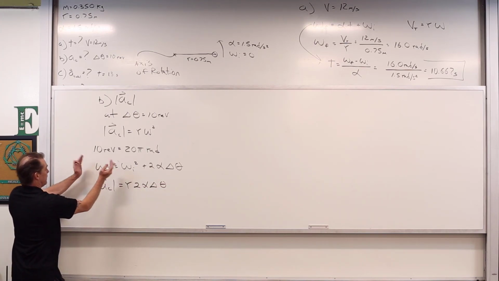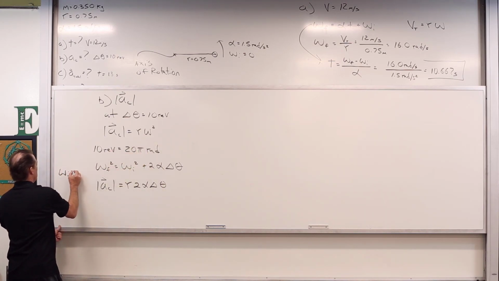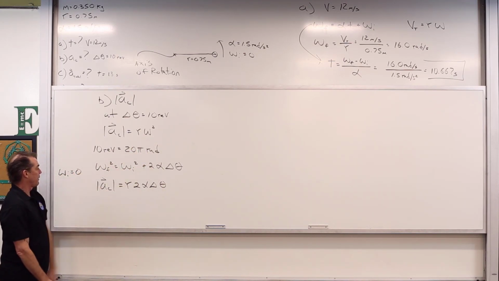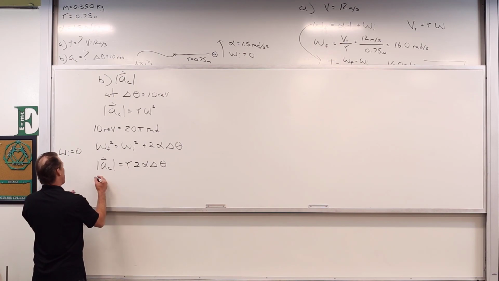All right, so we're putting this in there with omega initial equal to 0, and we can write out the centripetal acceleration as such. So we quantify this out, right?